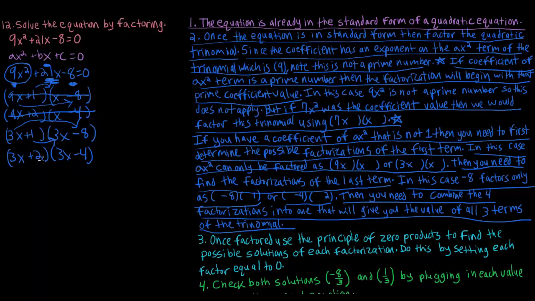So let's try this other one. Negative 4 times 2 is our last term, -8. Then 3x times -4 is -12x, and 2 times 3x is 6x, so -12x plus 6x is -6x, and that's not right.